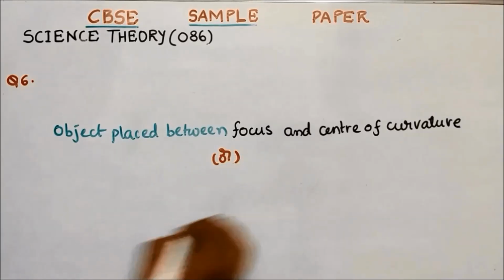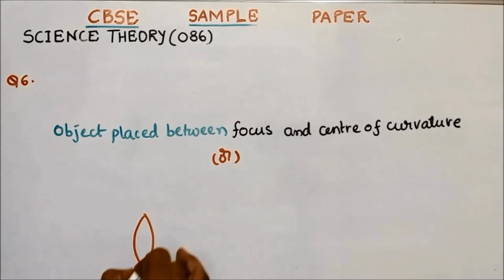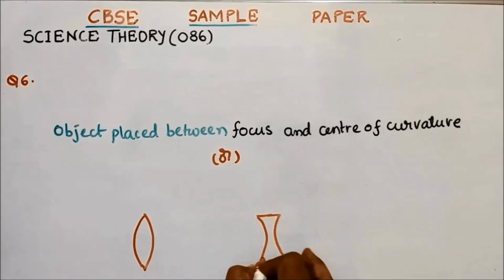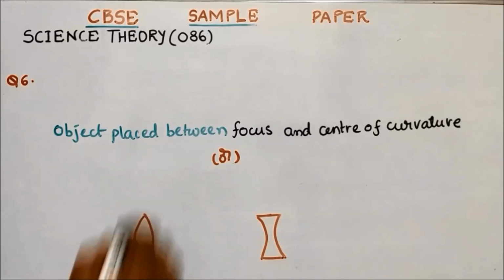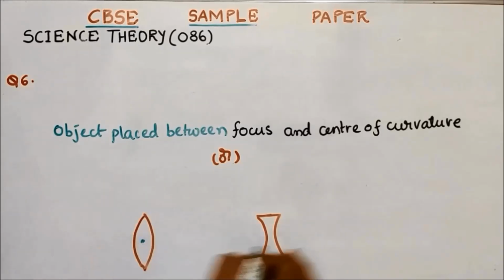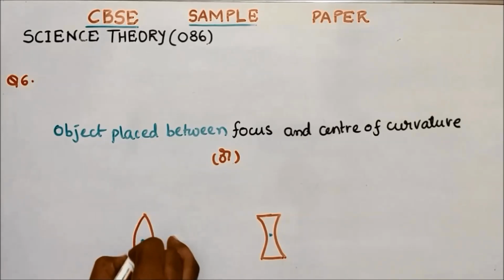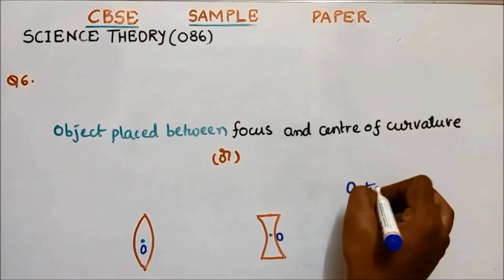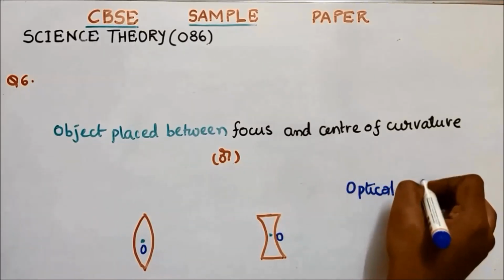See, if you look at a convex lens or concave lens, the center point of the aperture is called the optical center. Let me denote that point by O. So O is the optical center.